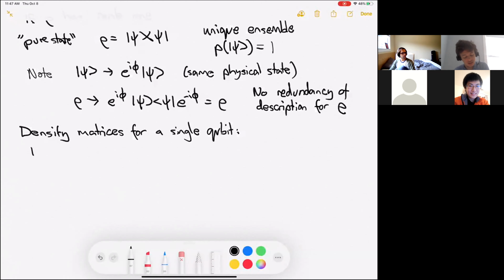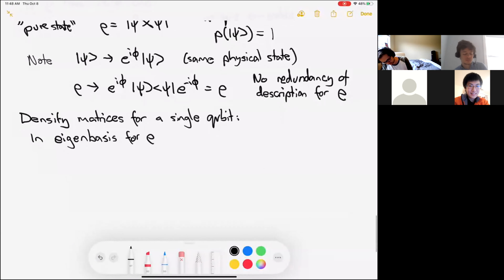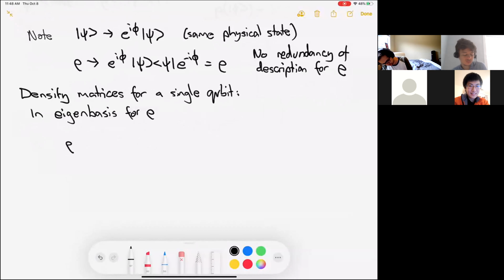We're going to start by working in the eigenbasis for rho. The Hilbert space is two-dimensional, so rho only has two eigenvectors. We're going to call the first one ket psi, and we're going to call its eigenvalue p.